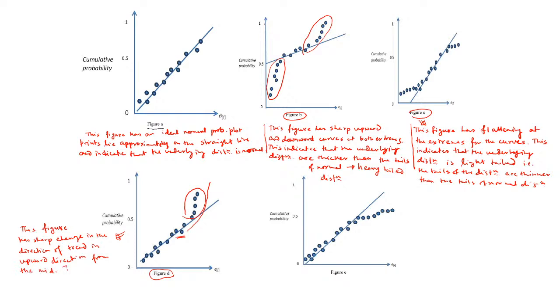This indicates that the underlying distribution is positively skewed.